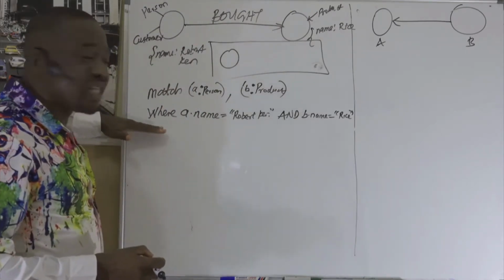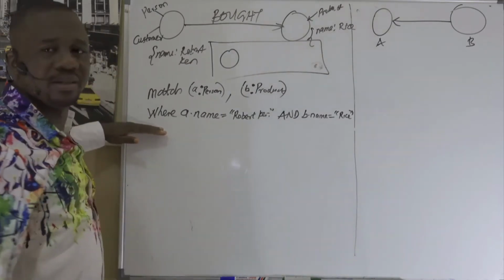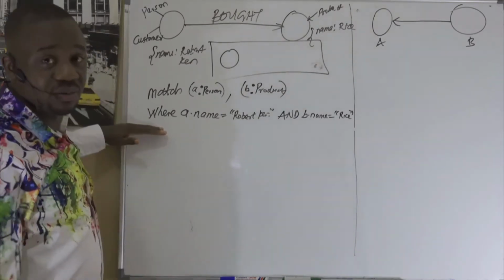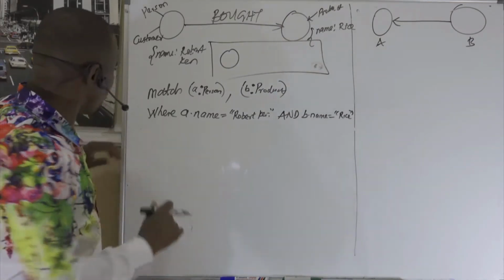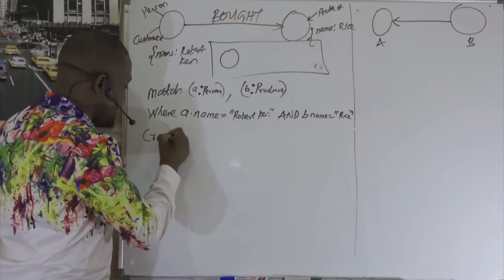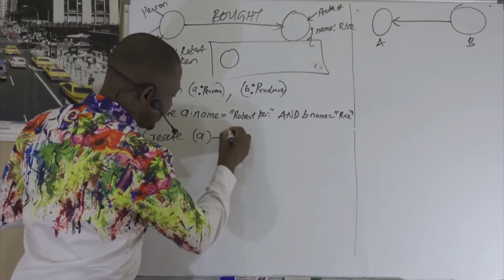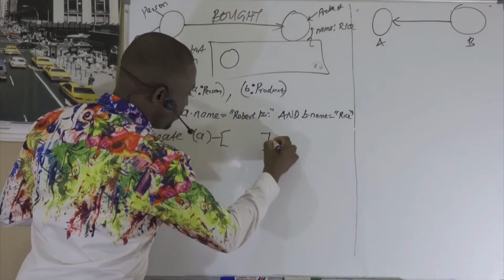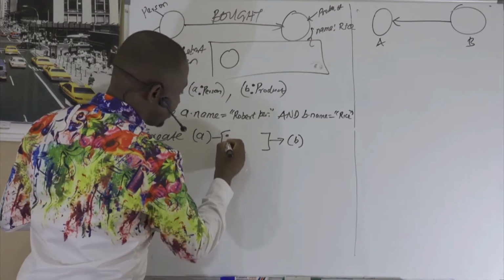So when you get to this stage, you can do so many things, so many variations. Let's look at the first variation. The first variation you can easily do is create A that is related to B by bought.